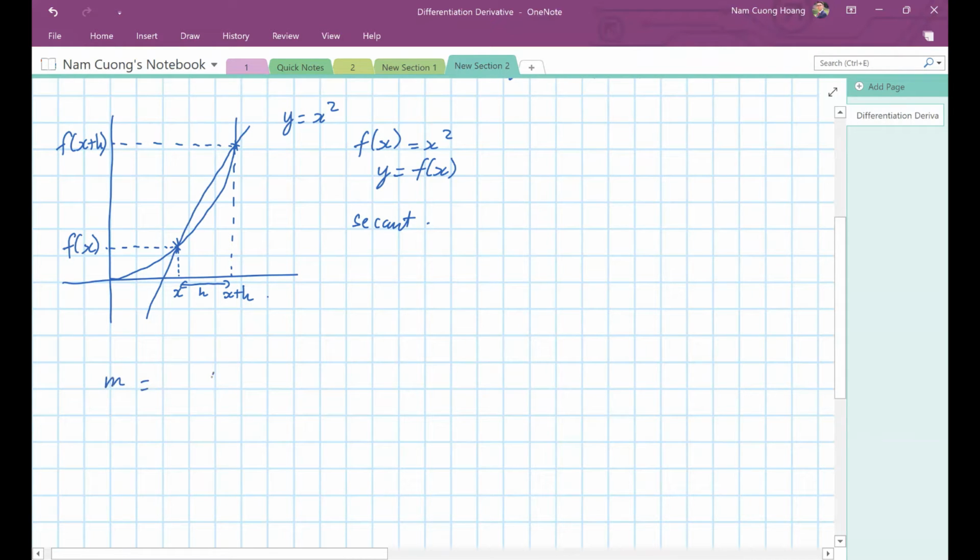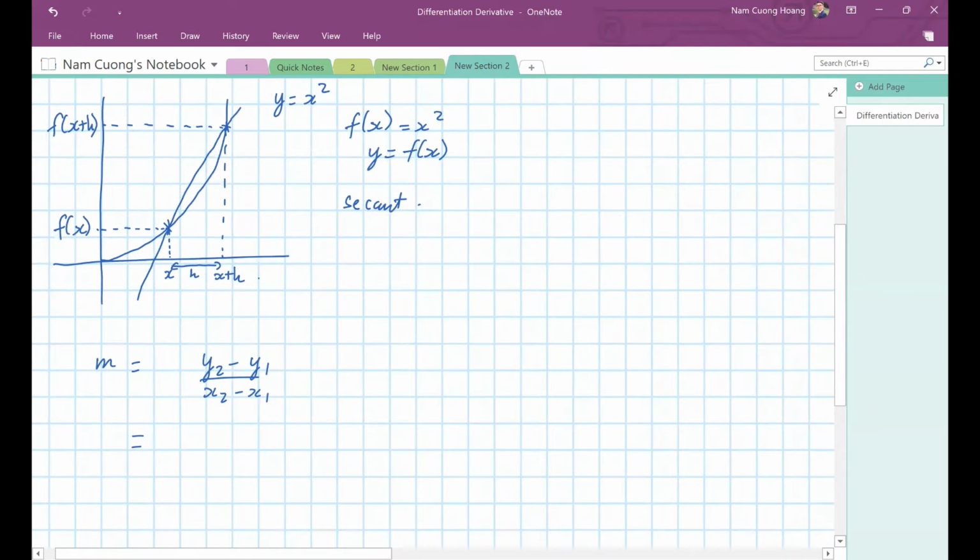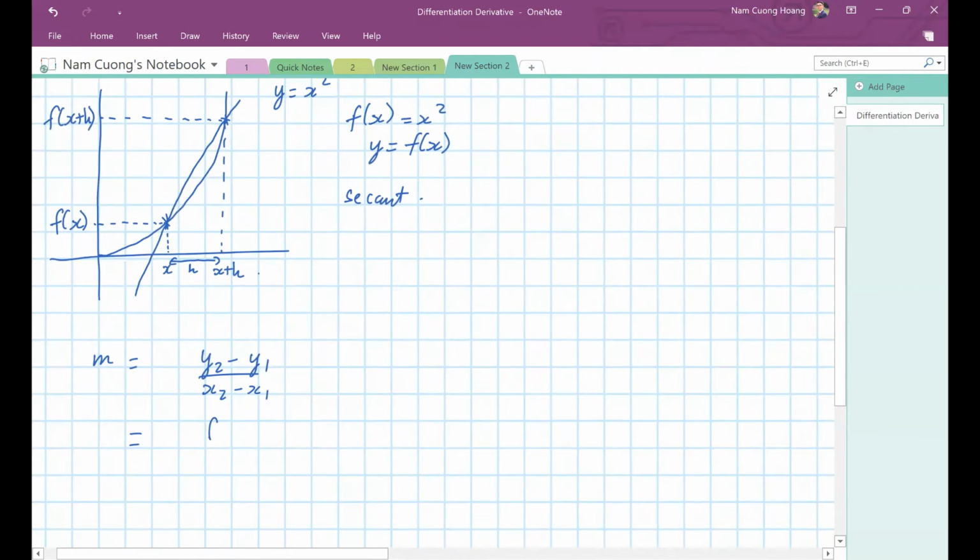m equals y2 minus y1 over x2 minus x1, which is, what is y2? y2 is f(x plus h) minus y1, f(x), over x2, which is x plus h, minus x1, which is x.